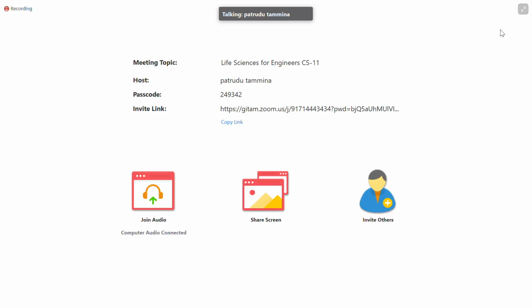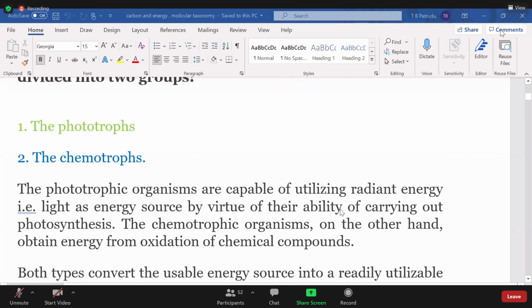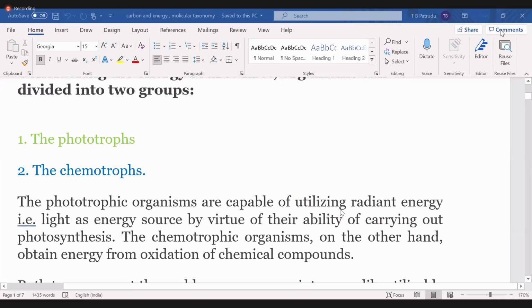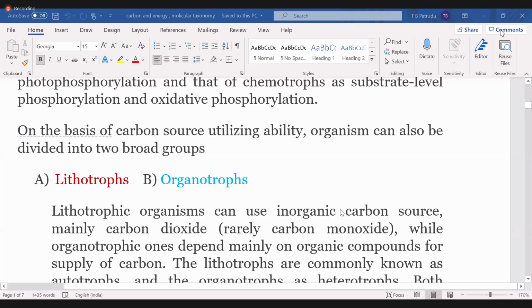Phototropes, the major is photosynthesis, the photons of energy from sunlight, whatever its usage. You see already, carbon energy source wise, the phototropes, chemotropes, lithotropes and organotropes.